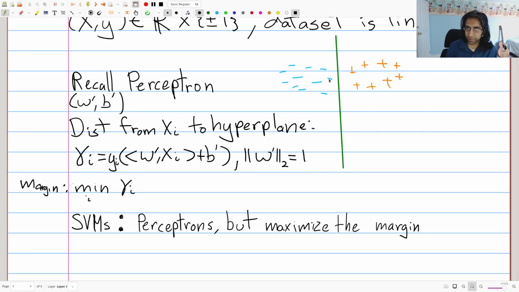For this data set in particular, the margin would be realized by this point, because it's the minimum distance between a point and the line. Of course, this one is much larger.